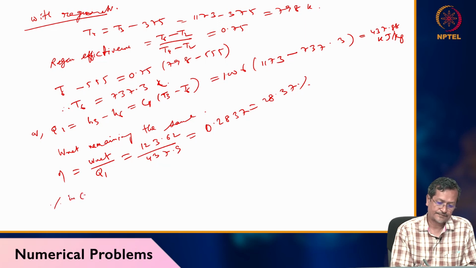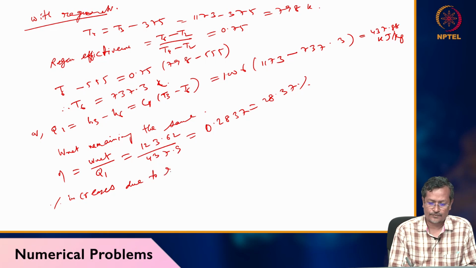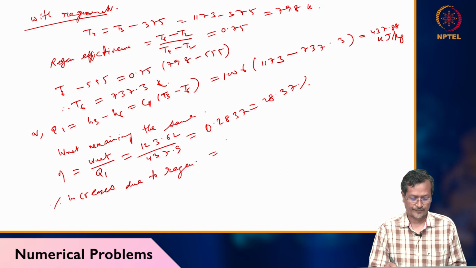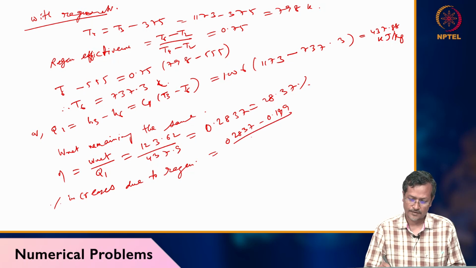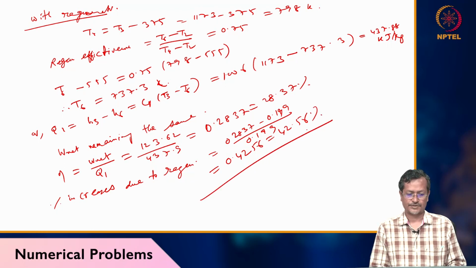Percent increase due to regeneration equals 0.2837 minus 0.199, divided by 0.199, equals 0.4256, that is 42.56%. So this is your answer.